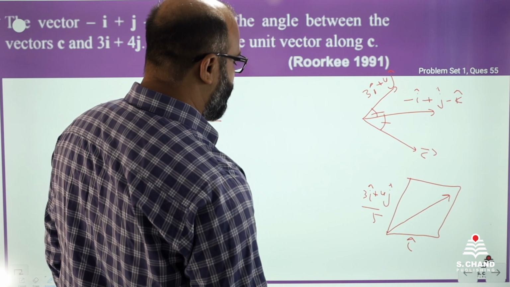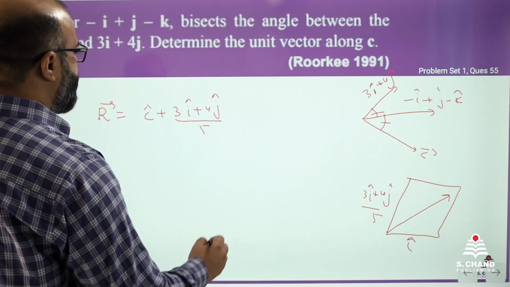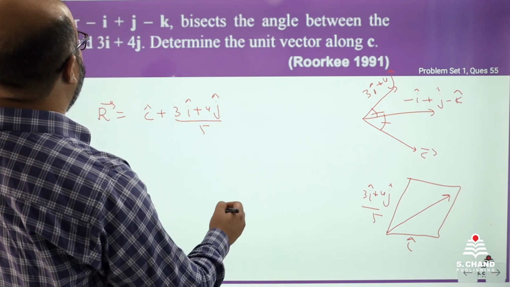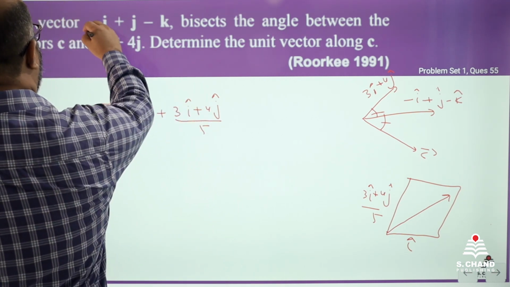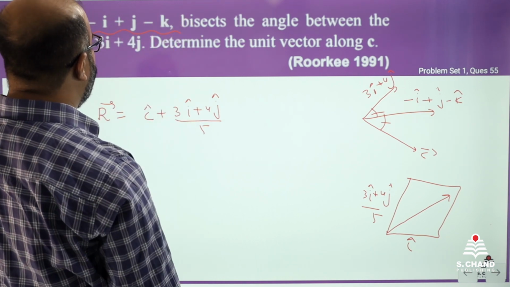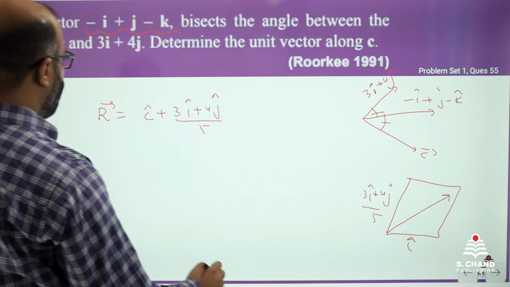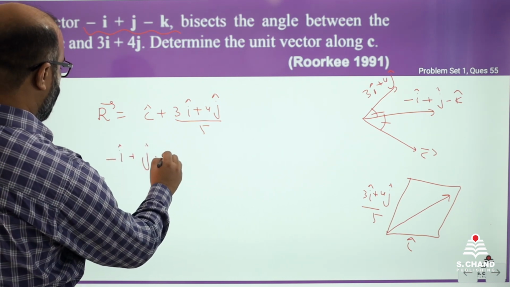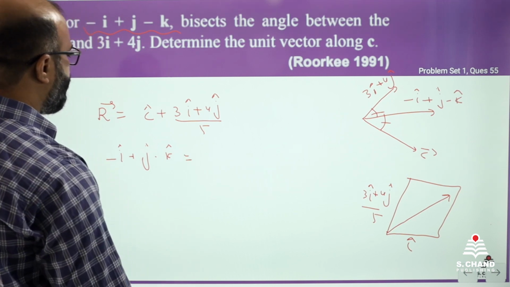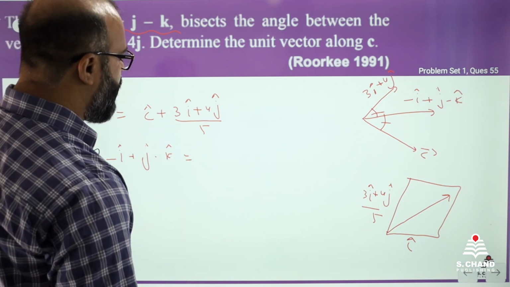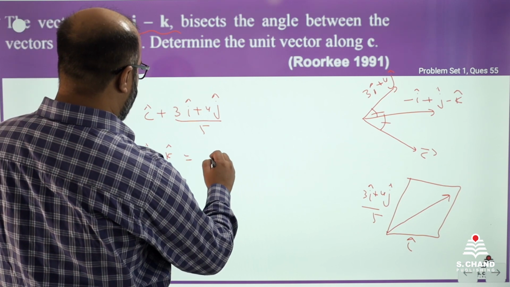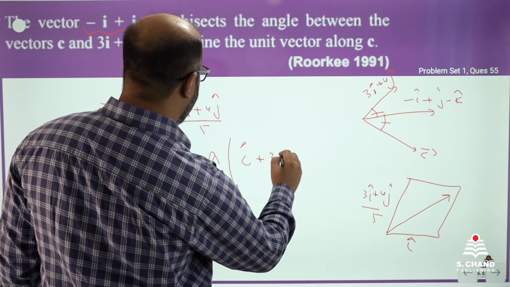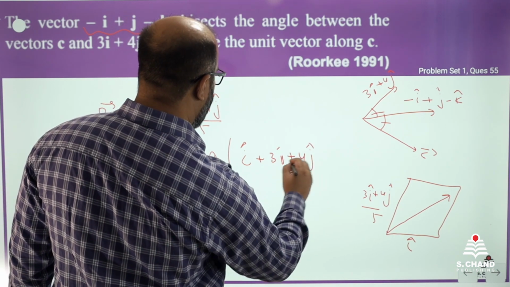This will actually be the resultant of these two, and this resultant can have any magnitude. As it is saying that this is the vector minus i plus j minus k, we can say that minus i plus j minus k is equal to lambda times (C plus (3i plus 4j) by 5).